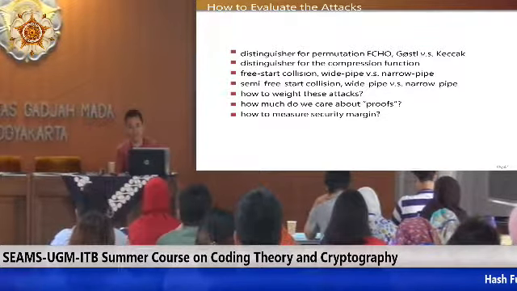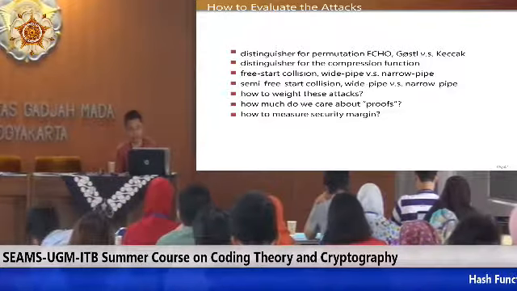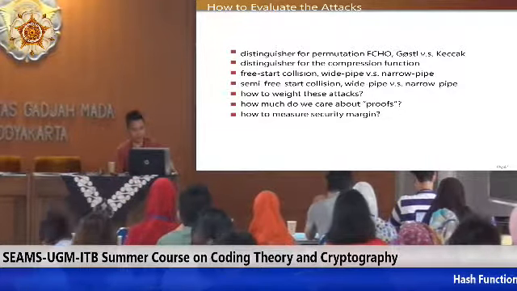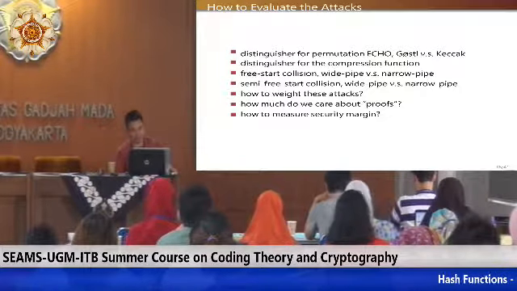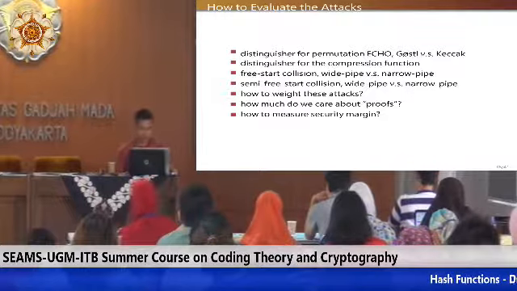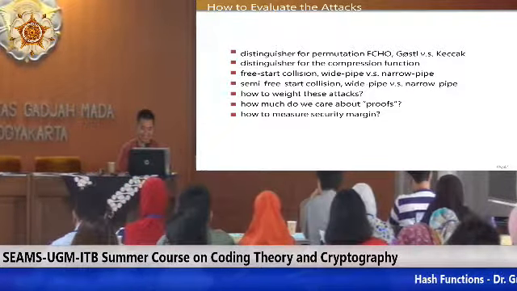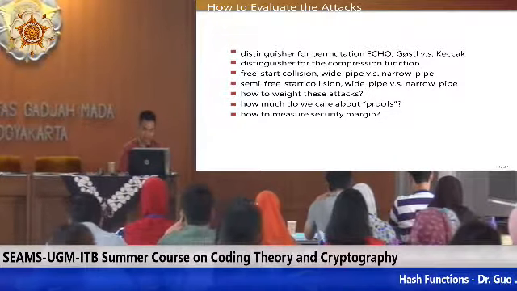However, in the full hash function, the chaining value can only be modified through messages. So there's one lesser degree of freedom in the attack setting. So collision attacks against the compression function are actually easier for an attacker than collisions of the hash function.